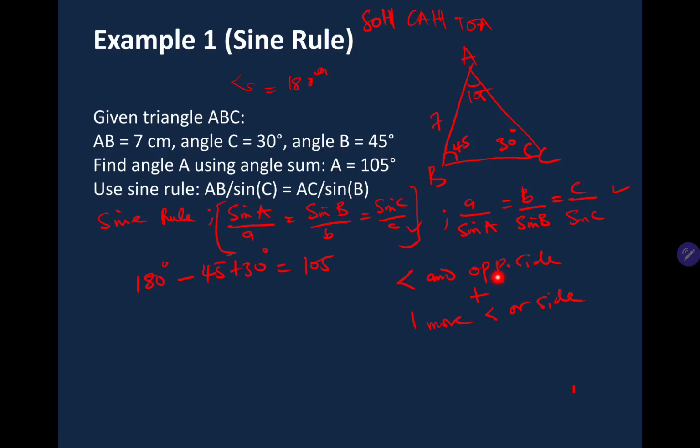This is what you need to apply the sine rule. If you have this in a triangle, then you can apply the sine rule. You need at least one side and the opposite angle.